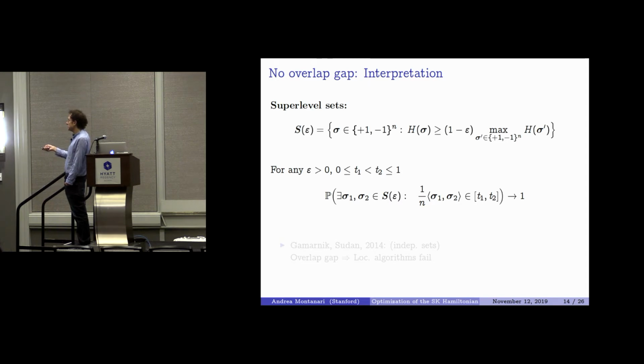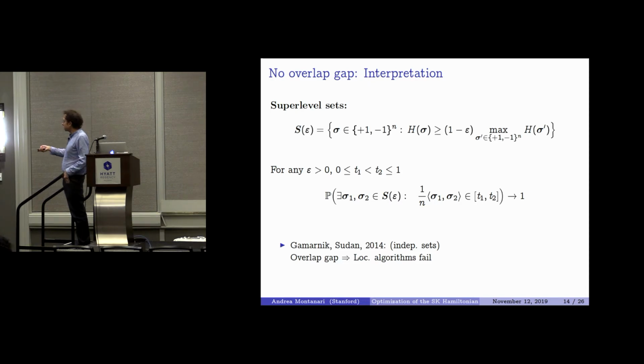For any interval T1, T2, there exist two configurations in this super level set whose scalar product, once normalized, is in the interval T1, T2. Basically, near optima can be at all distances from each other. Morally, this says that near optima form some kind of connected set. Not really true, it's much weaker than that.